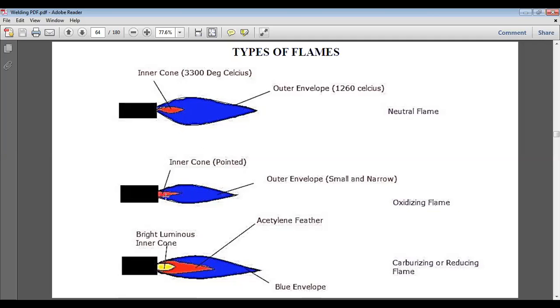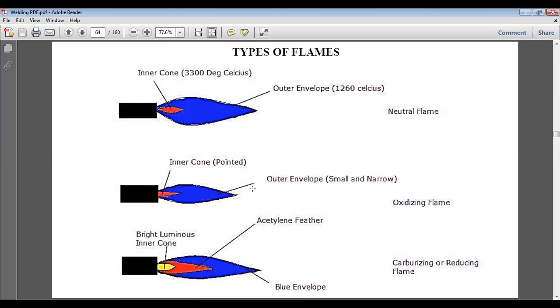The inner cone is pointed and not spread as in the previous one. In the normal neutral flame, it is more spread and looks like a bud. But in this case it looks like a knife edge, more pointed, and it has more temperature.